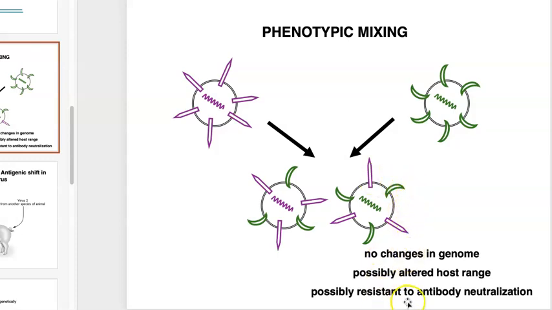And another interesting aspect is it could possibly become resistant to antibody neutralization. If your body produces antibodies against just this particular set of spikes, and now the progeny have a combination of spikes, any neutralizing antibody that binds to this will no longer block this. And so this virus still may have the capacity to bind to a host cell and infect.